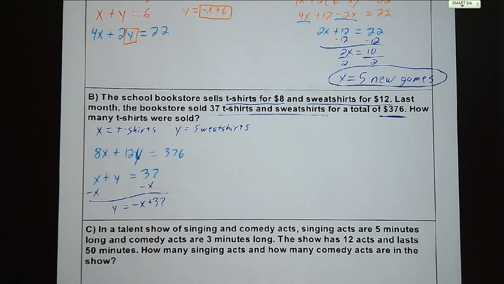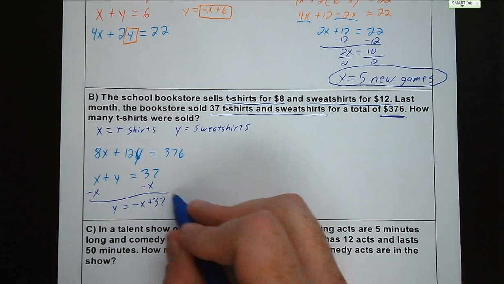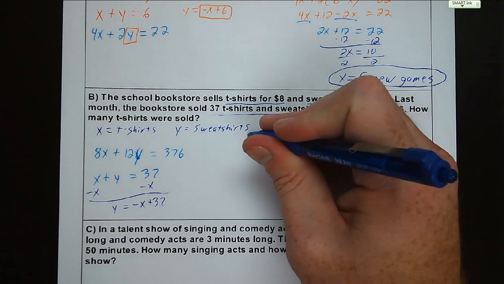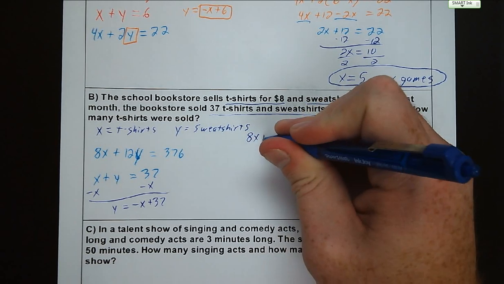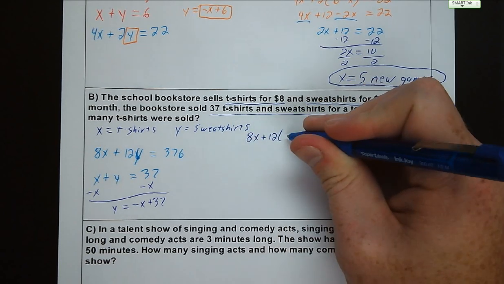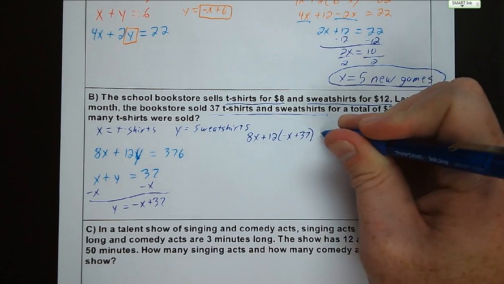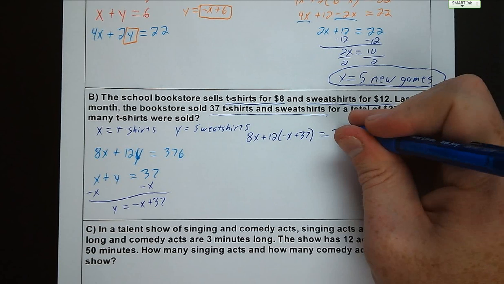Okay, so now we're going to put that into our equation for cost. So we have 8X plus 12 times the quantity, negative X plus 37 equals 376.